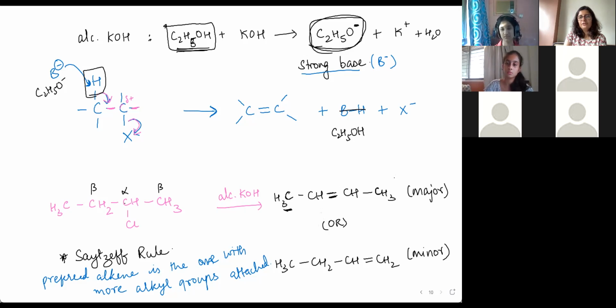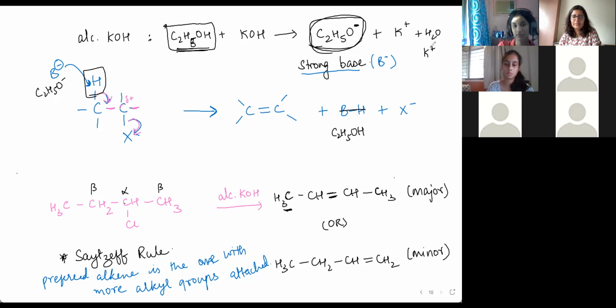So in the mechanism, if you note it down as B as a generalized base, you can write BH. But if you write it in terms of C2H5O minus, write C2H5OH. Basically, whatever.